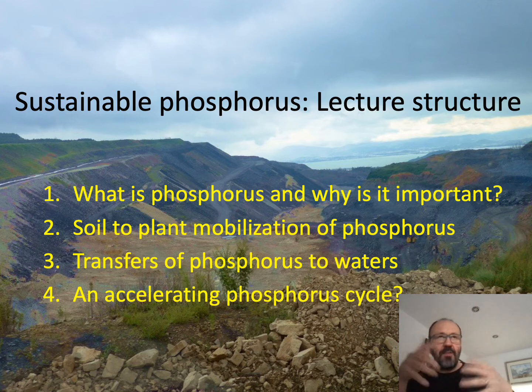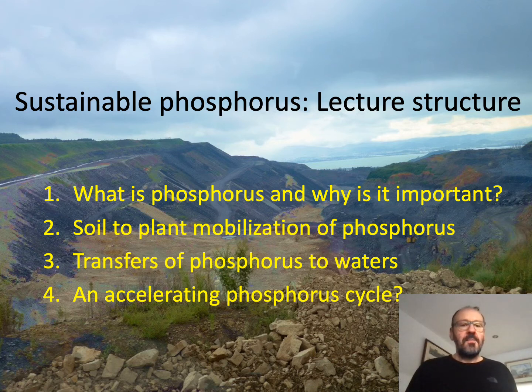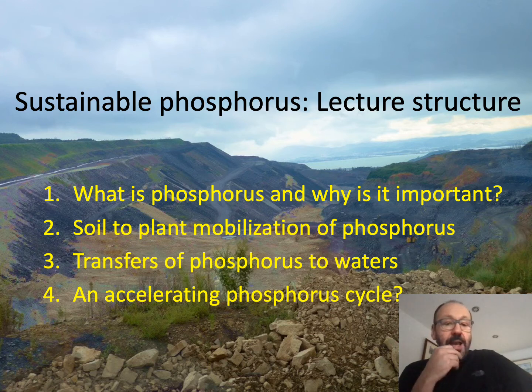I've talked to you about the complexities of its movement through soil, and I now want to go on to consider transfers of phosphorus to waters and the accelerating phosphorus cycle.